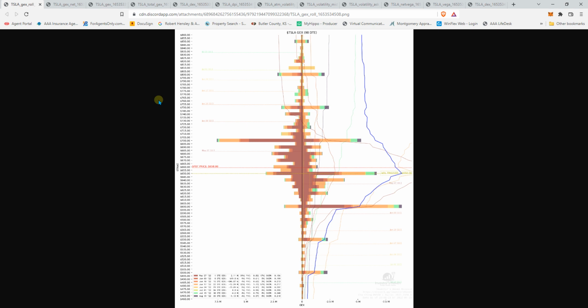Now, I'm not going to say I'm an expert on each one of these charts, but every once in a while I will get a 360 view of everything just to have it in my brain.